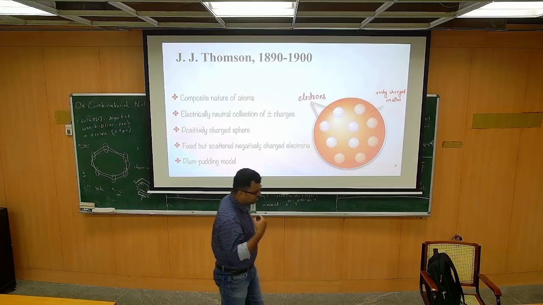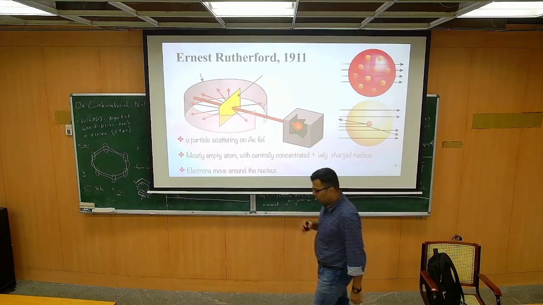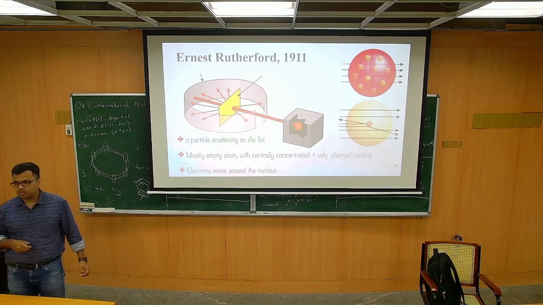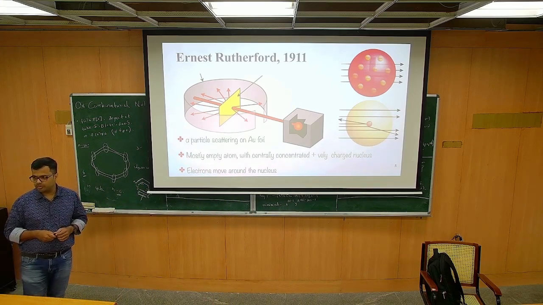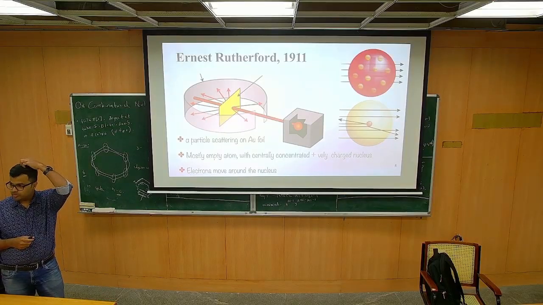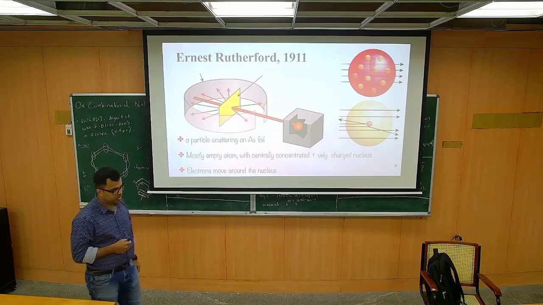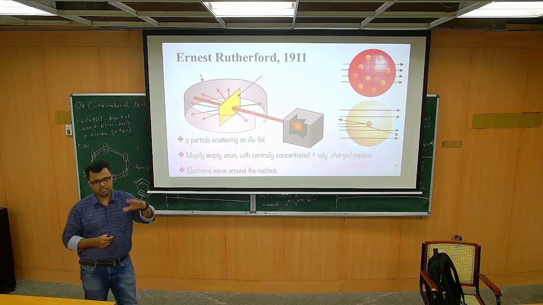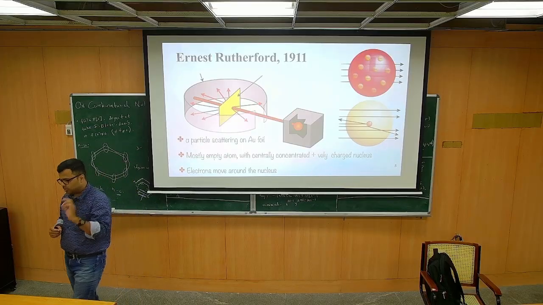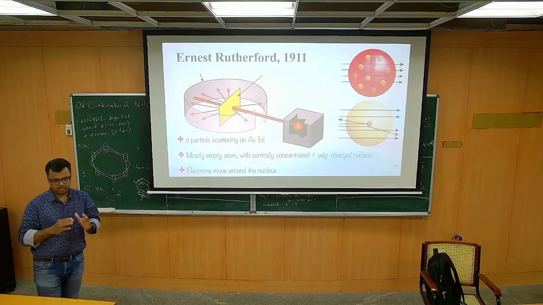This still had defects, and things became clearer when Ernest Rutherford did the famous gold foil experiment. I assume you may have all heard of the gold foil experiment in high school. Rutherford tried to scatter alpha particles, which are helium nuclei with two protons and two neutrons, so they are positively charged particles.